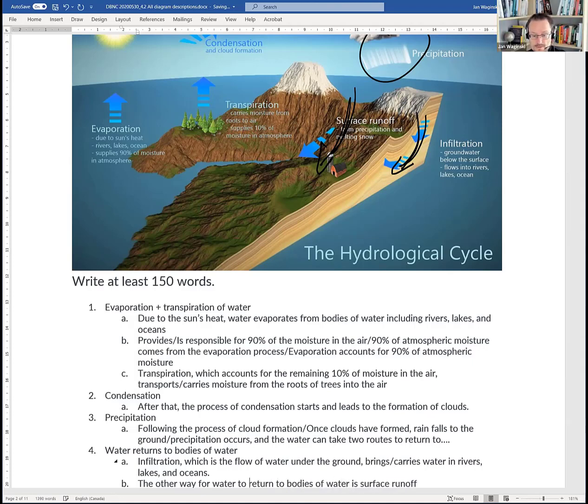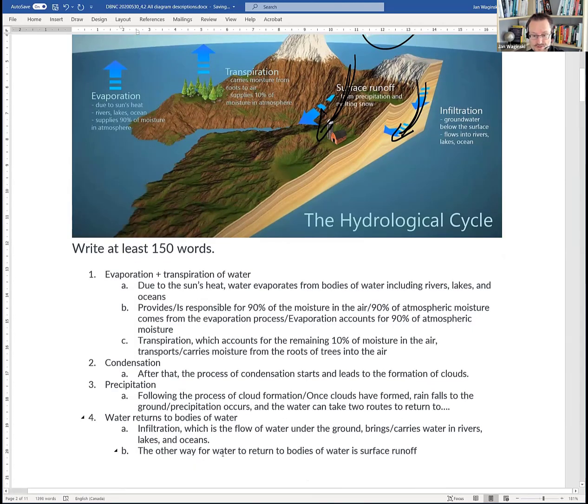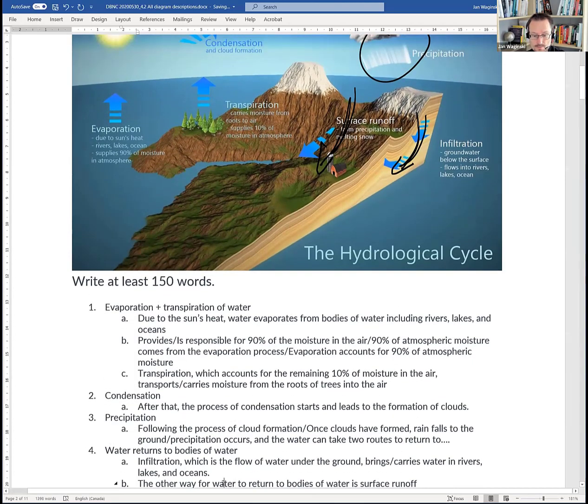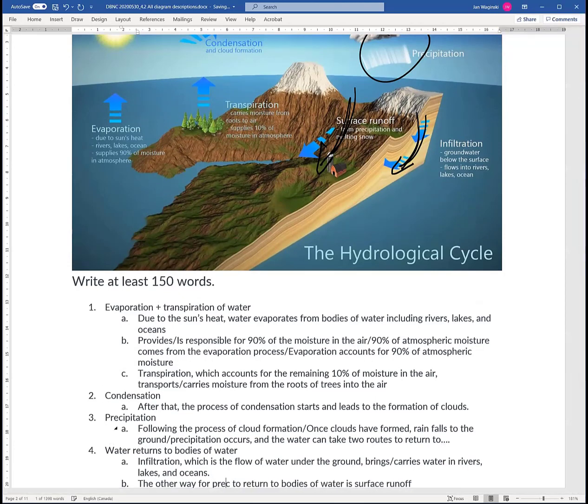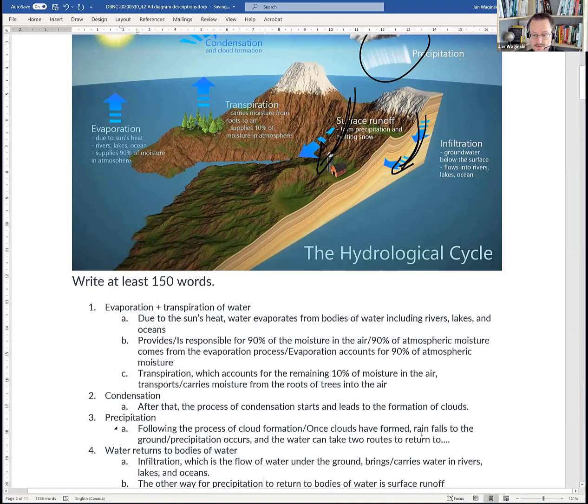So let's not, we have to use different words for water because we're just going to keep saying water, water, water. So the other way for precipitation, right? The ways for precipitation, yeah. Precipitation, to return to bodies of water, is surface runoff.